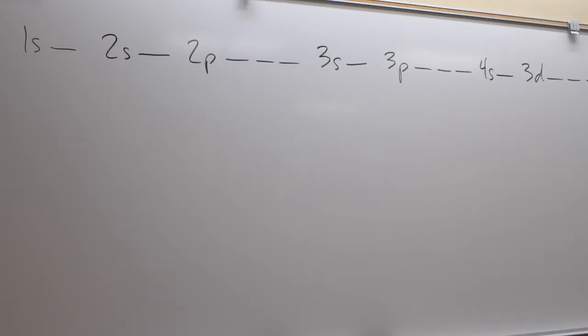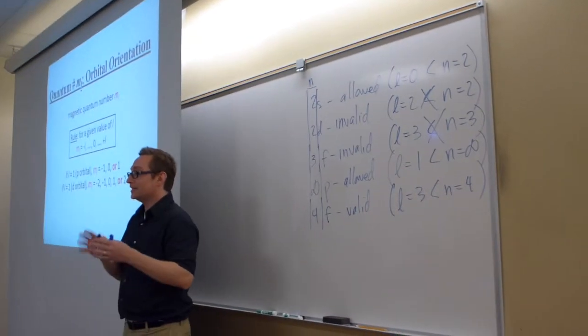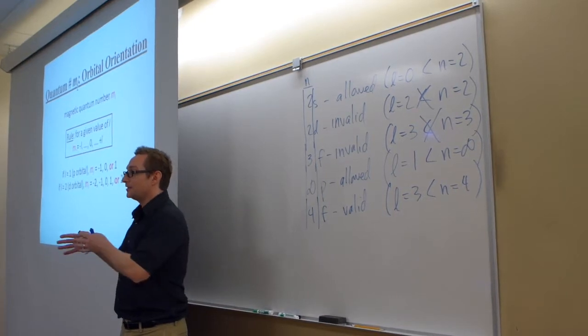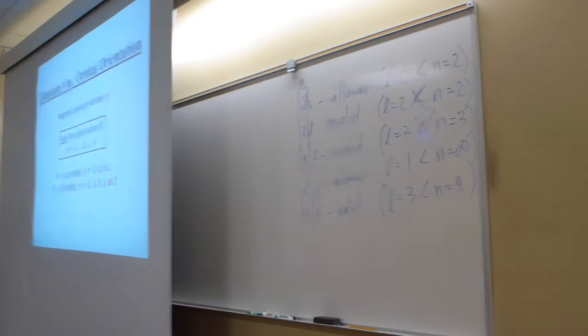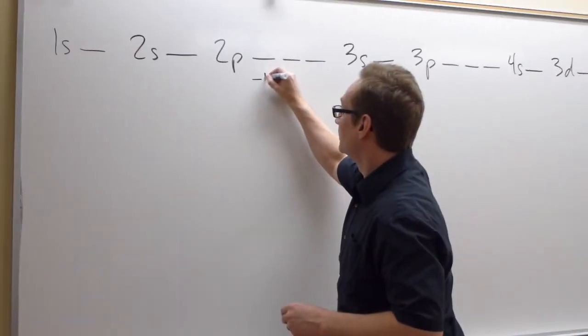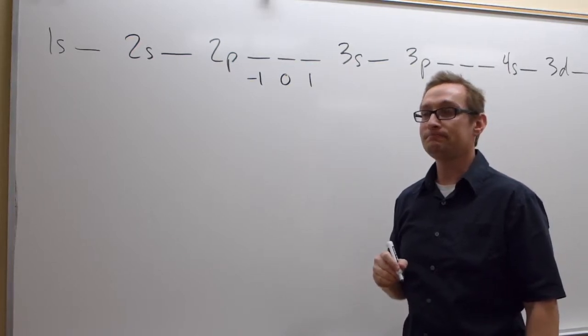So for a p orbital, m sub L can be -1, 0, or 1. It can be -1 to +1. Right. The L value for any p orbital is 1. -1, 0, and +1 is negative L, 0, and plus L. Okay. Let's draw these numbers here. There's the 3 orientations.